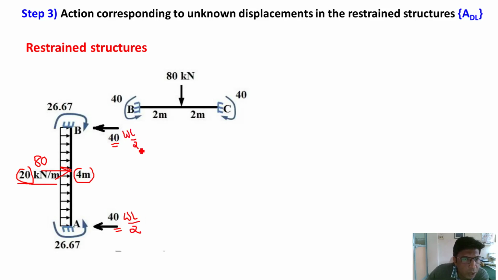Now reactions because of moments. Reaction because of moments is equal to sum of moment divided by span. What is sum of moment? Plus 26.67 at A and minus 26.67 at B, divided by span 4.